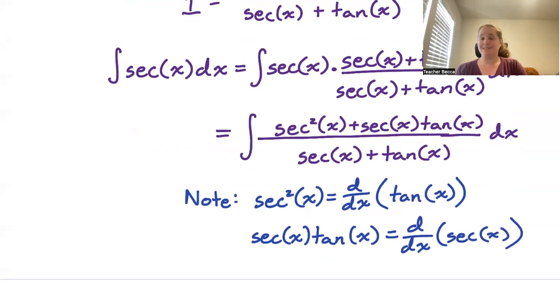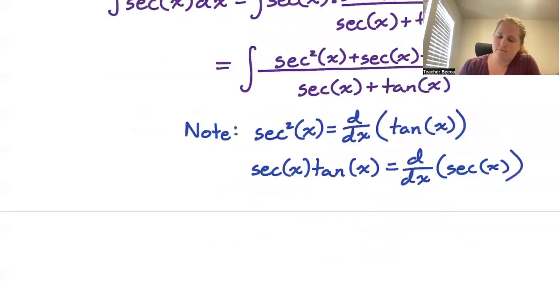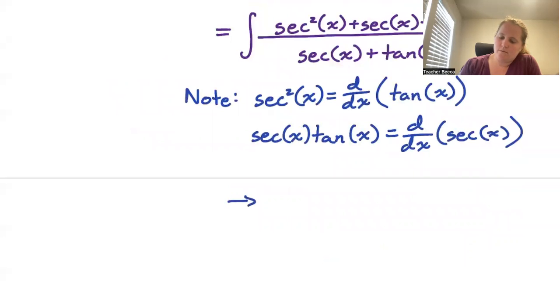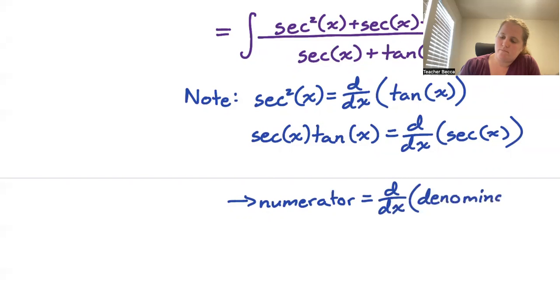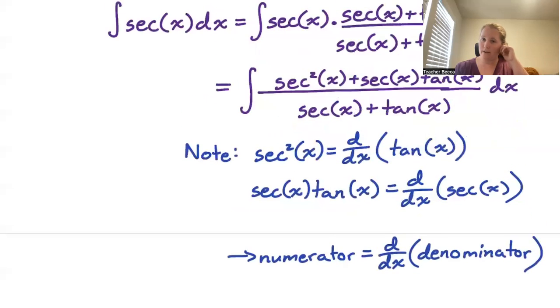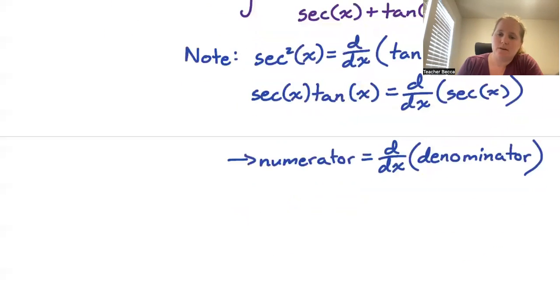And so what this means is that the numerator is simply the derivative of the denominator. And so it makes sense then to go ahead and name that denominator as our u, and the du just falls directly out in the numerator.